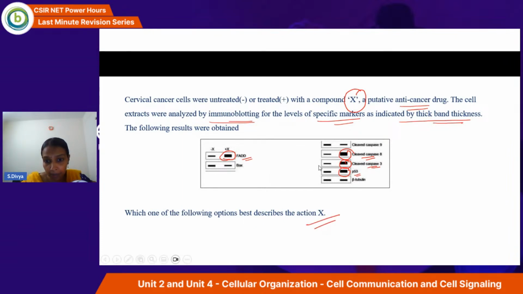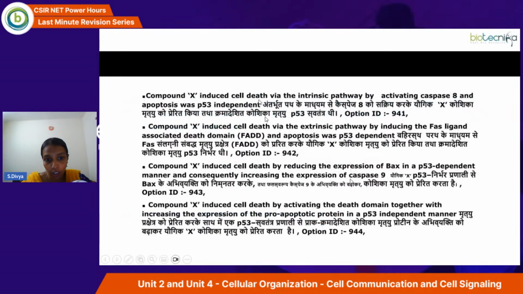So you saw this image, right? These are the thick bands you got. Now check out the options over here. Take them as option 1, 2, 3 and 4. Compound X induced cell death via the intrinsic pathway. The second one is via the extrinsic pathway.